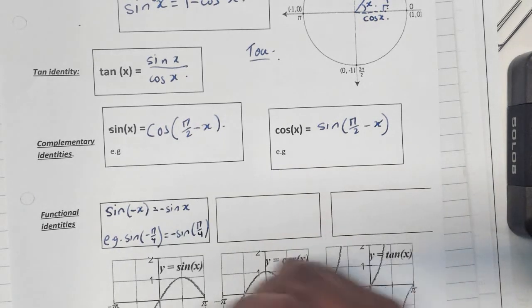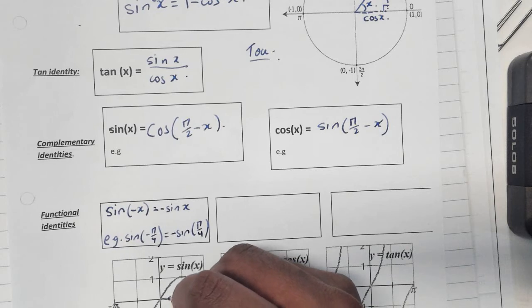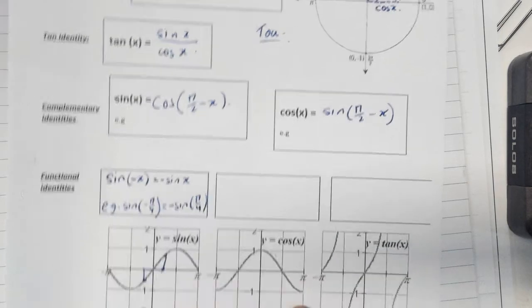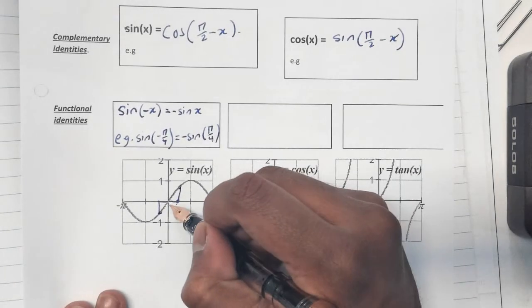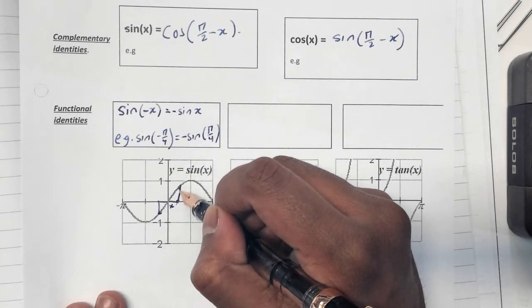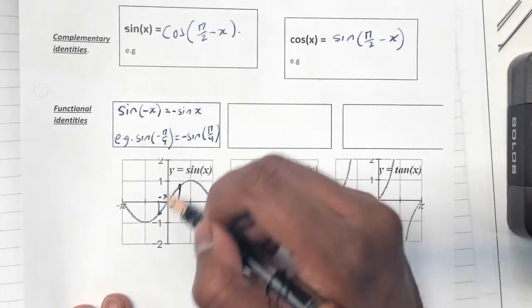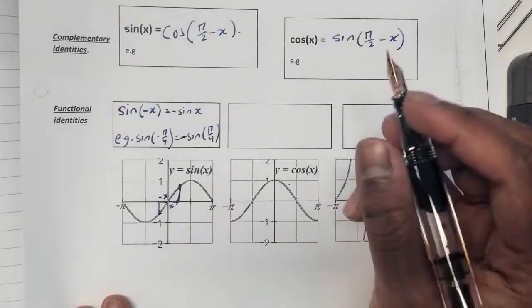So for example, if you have x going that way, then you get this point here. If you have negative x going this way, you get the same point, just flipped. That's why you can bring out the negative.